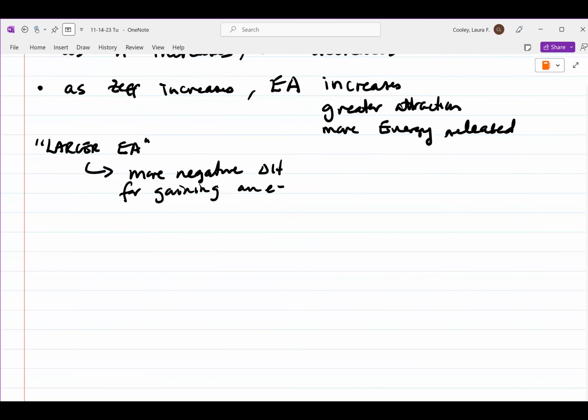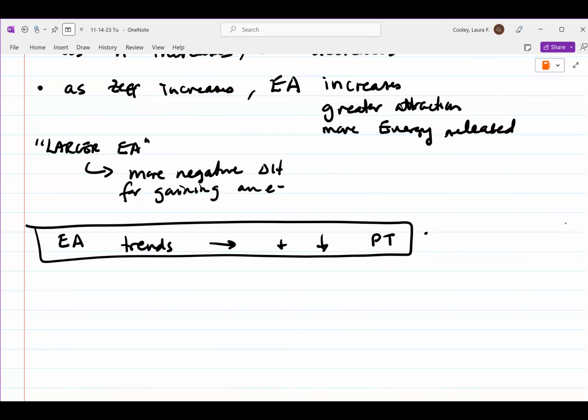All right, so now what is the periodic trend? How does electron affinity trend as you go across and down the periodic table? Going down the periodic table, what happens to Z effective? Well, Z effective is constant, and n increases.